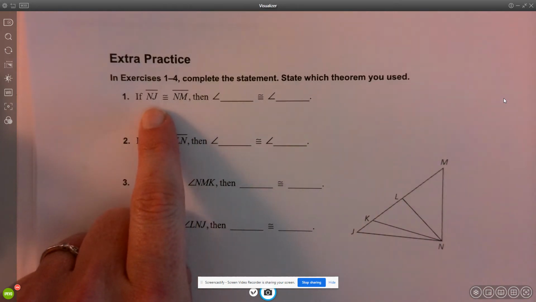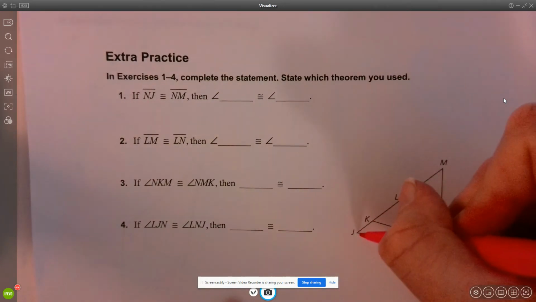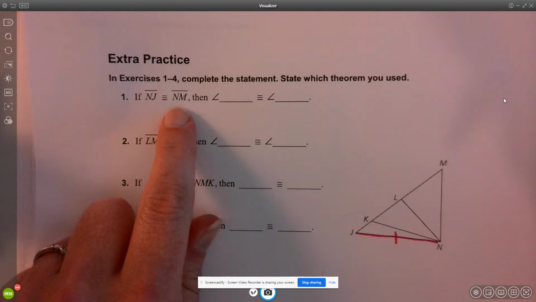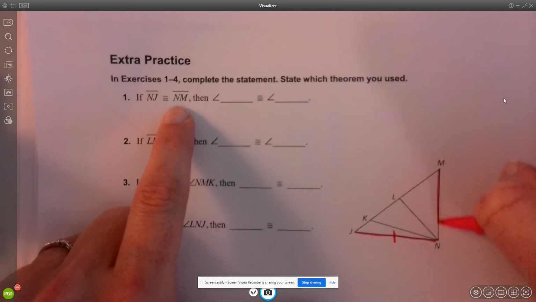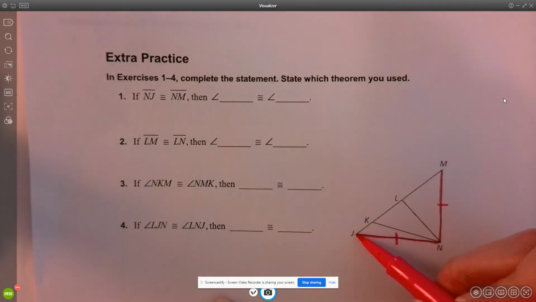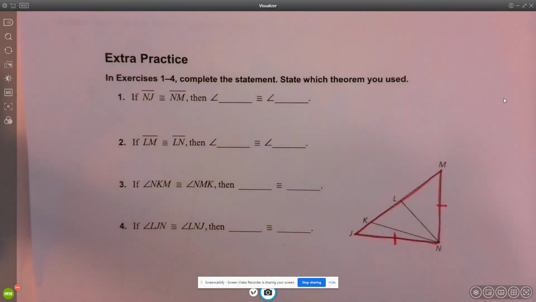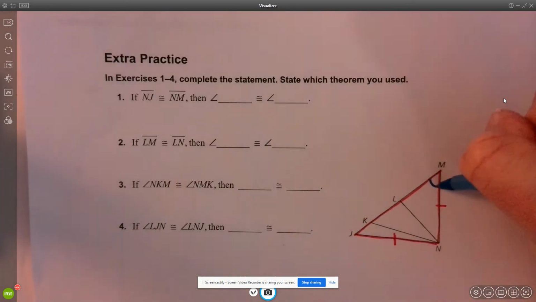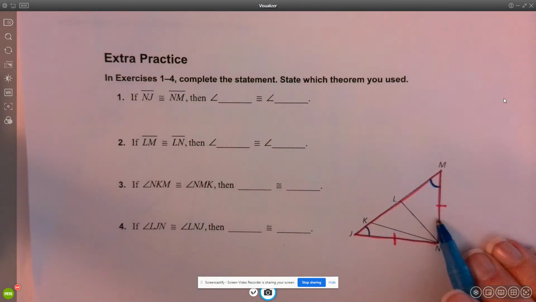And number 1, it says line segment NJ is congruent to line segment NM. Well, what that tells me here is if I finish this triangle, this pink triangle is isosceles. If these are the two congruent legs of the isosceles triangle, this tells me that these two angles that are opposite the two legs have to be congruent.